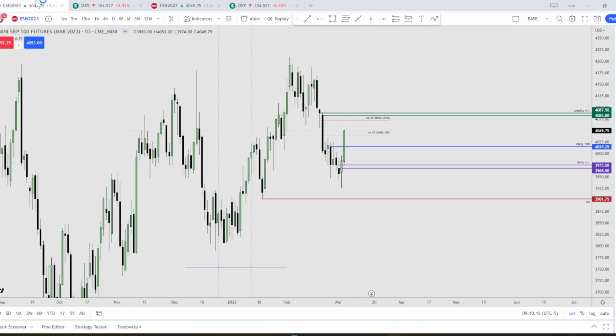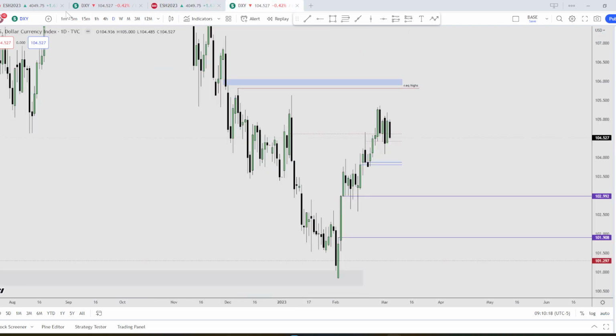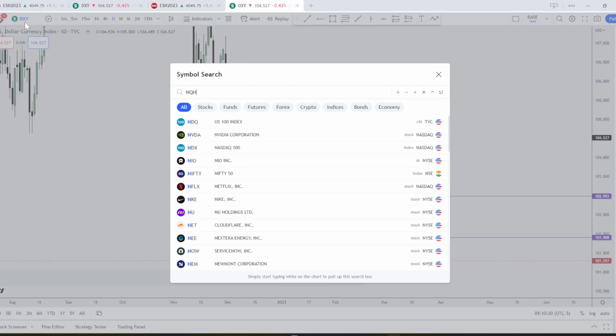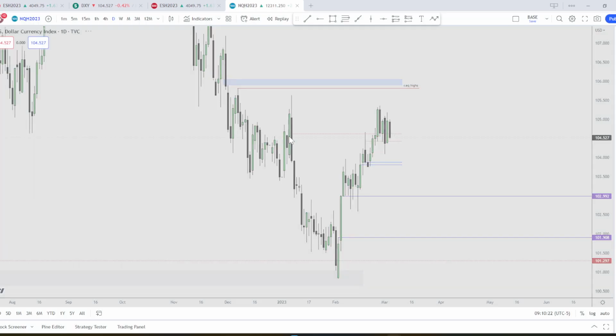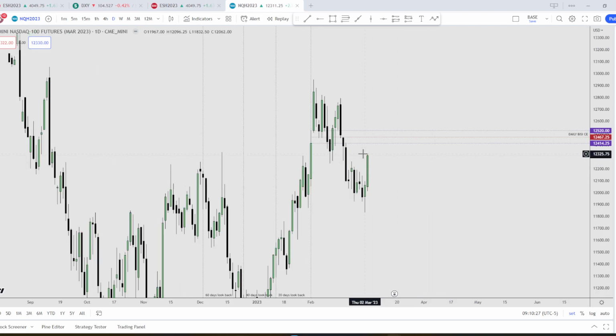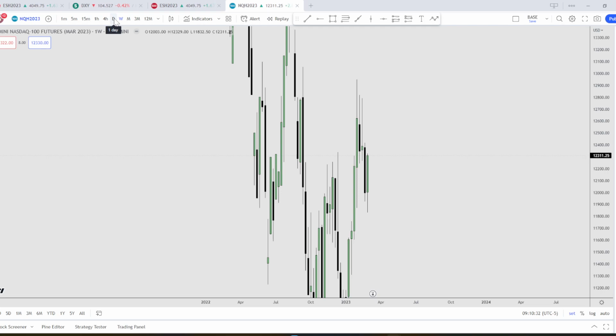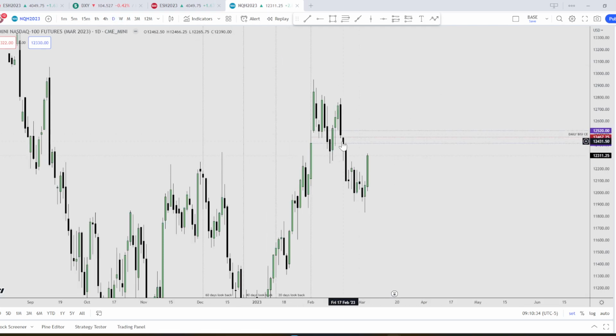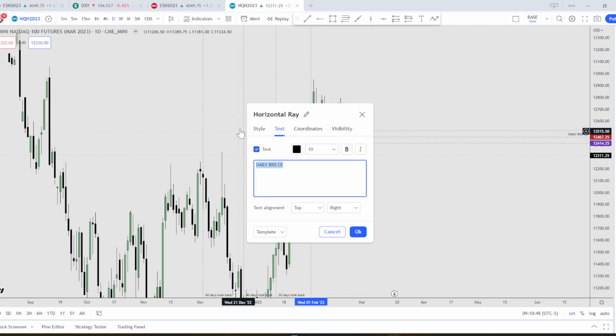And let's take a look at NQ. Similarly, NQ has daily volume imbalances right here. Let's take a look at the weekly. We do not have any volume imbalances, but on the daily we have it right here, and we do have this previous daily balance price range right here.